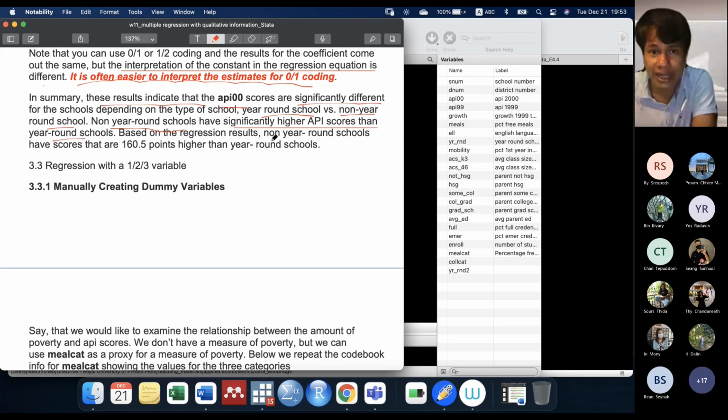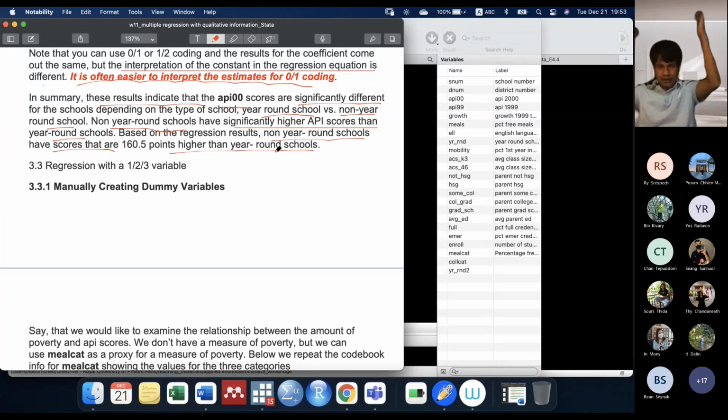Based on the regression result, non-year-round schools have scores that are 160 points higher than year-round schools. So guys, it is just to demonstrate that using 0, 1 is much easier.